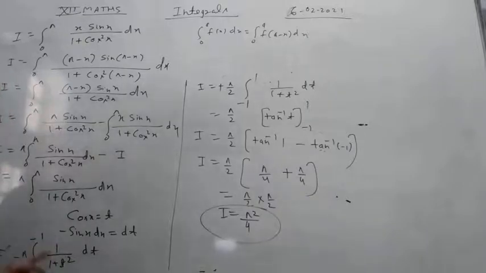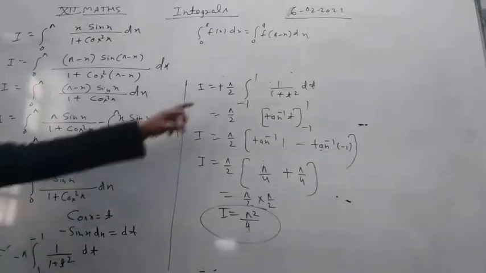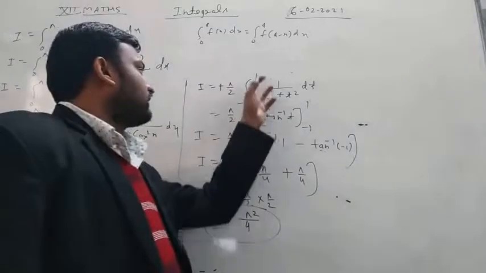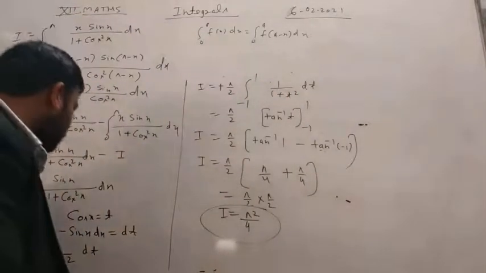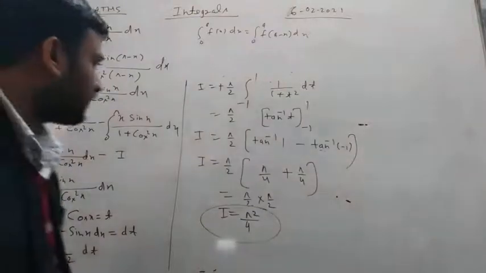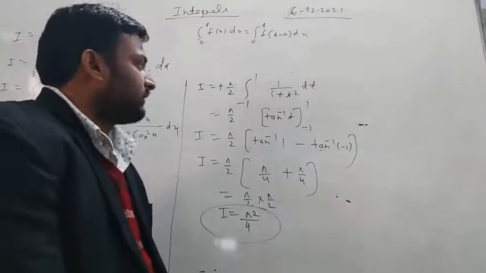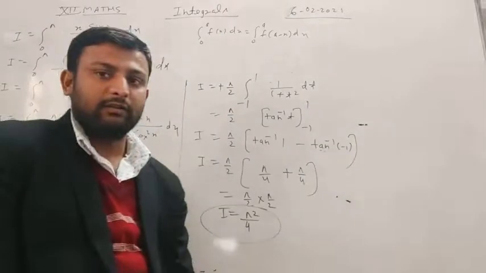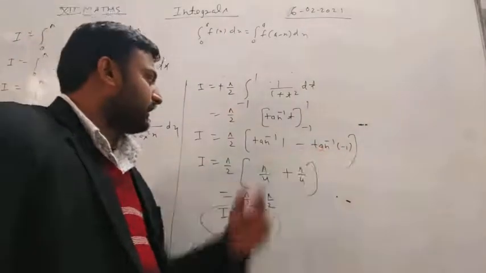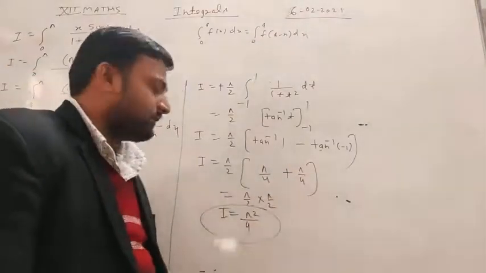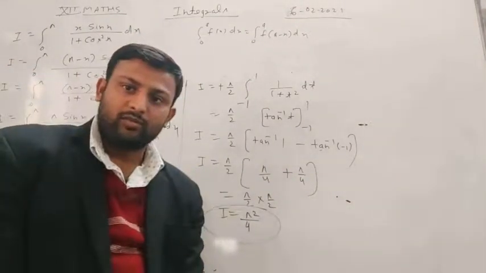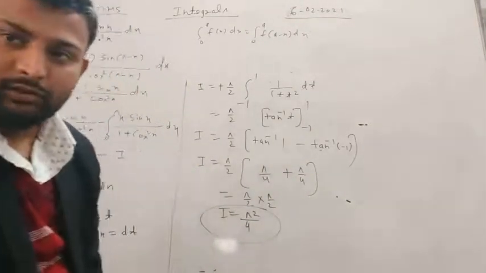And friends, when we change the limit, the negative sign comes outside, so this sign will change to positive, giving pi by 2 from minus 1 to 1, and this part is tan inverse t. So we can write from minus 1 to 1 limit, tan inverse 1 minus tan inverse minus 1, times pi by 2, which is pi by 4 plus pi by 4, and we get pi square by 4. I hope you understand, students. Now we move to the next question.